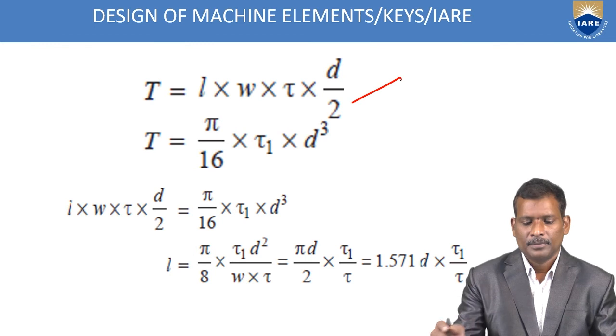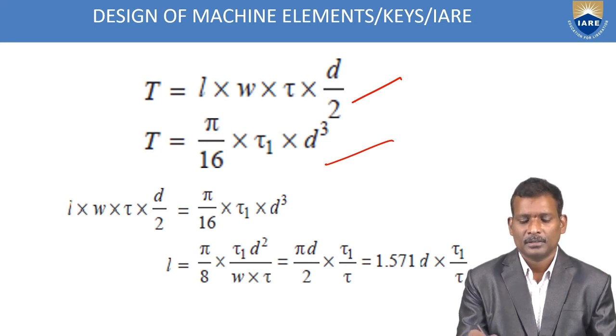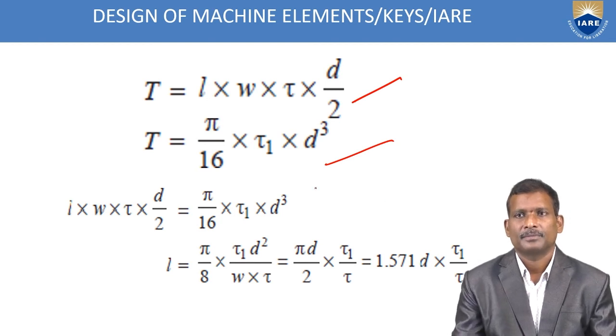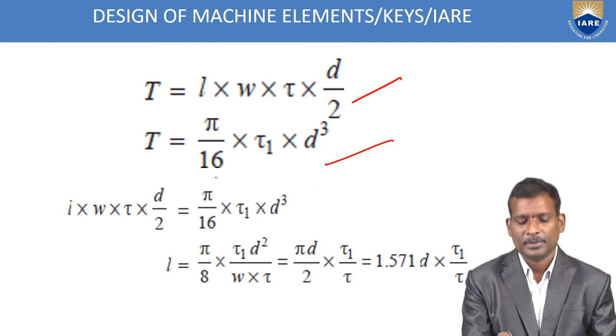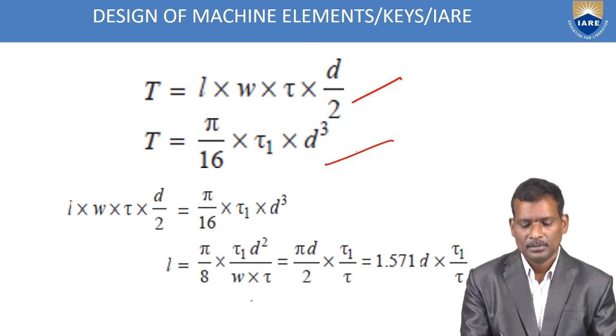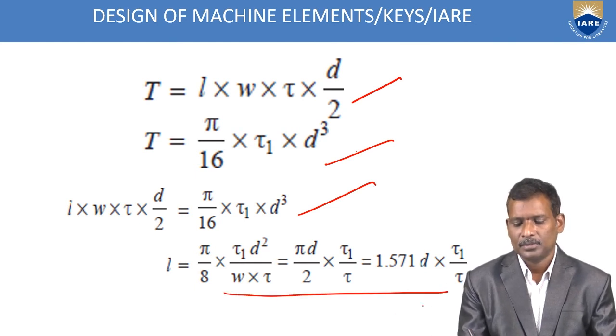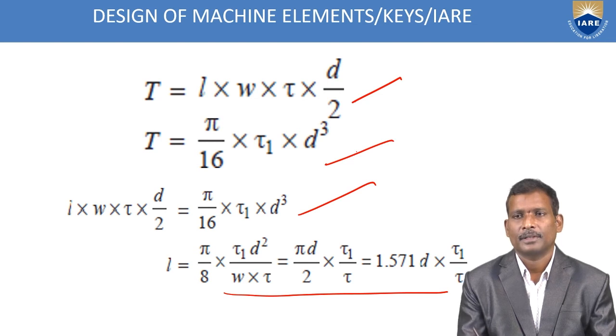So let us calculate T is equal to L into W into tau into D by 2. This first one is the torque due to shear stress from the load, and this one is the torque due to twisting, the rotation, that is pi by 16 into tau into d cubed. So we have the rotational torque and the normal torque, and we equate these two torques. We get a relation L is equal to 1.571 D multiplied by tau 1 by tau.